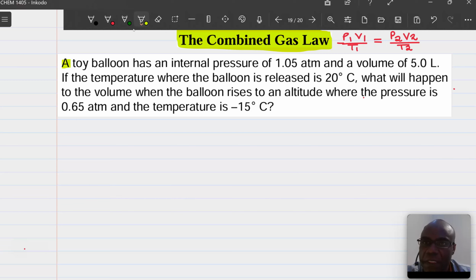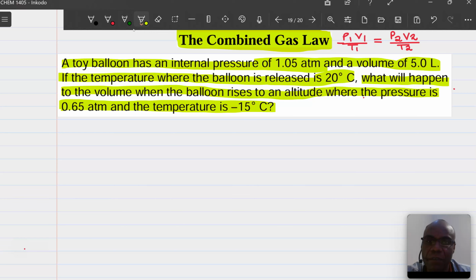So the question reads: a toy balloon has an internal pressure of 1.05 atmospheres and a volume of 5 liters. If the temperature where the balloon is released is 20 degrees, what will happen to the volume when the balloon rises to an altitude where the pressure is 0.65 atmospheres and the temperature is negative 15 degrees Celsius?